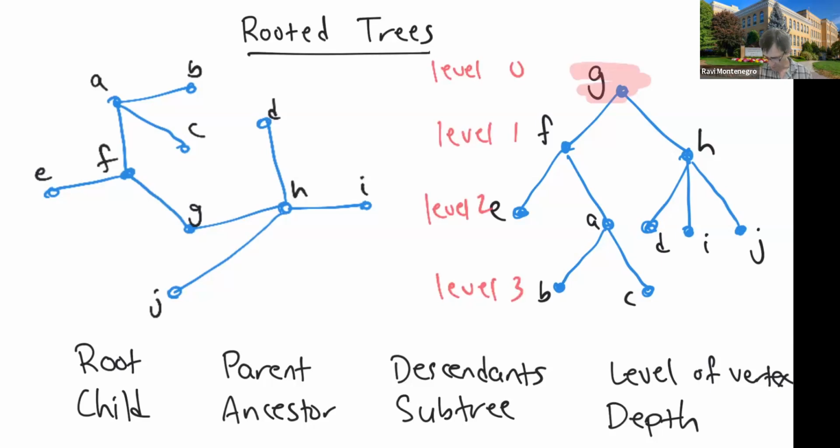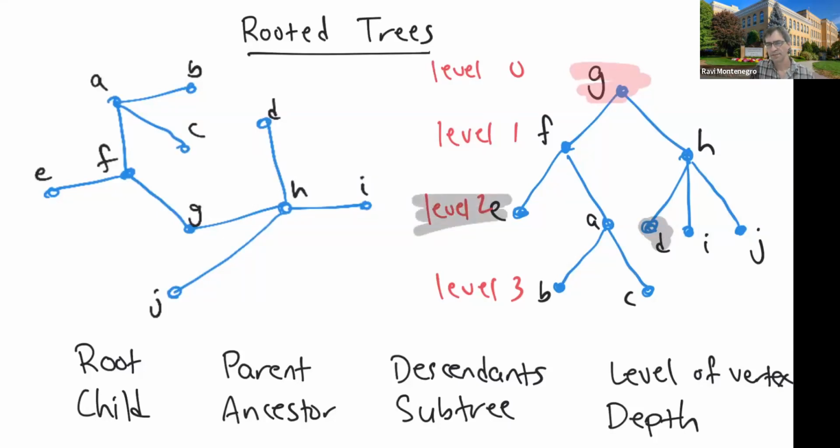Okay, so then what do we have? Well, we also have the level of a vertex. So looking at this, let's say we pick D. Well, looking across here, D is level 2.